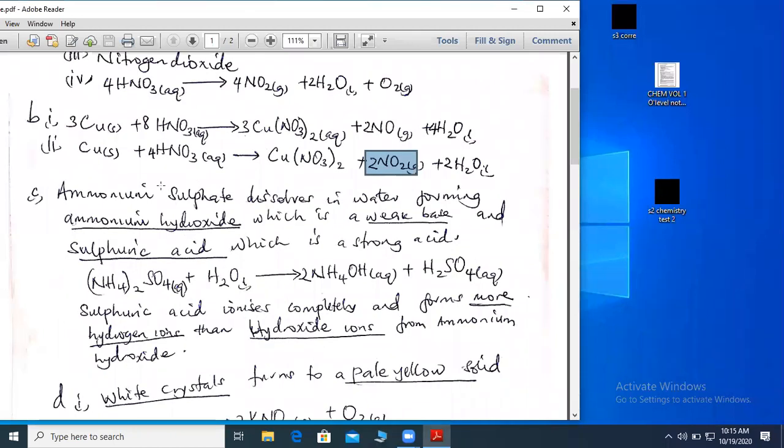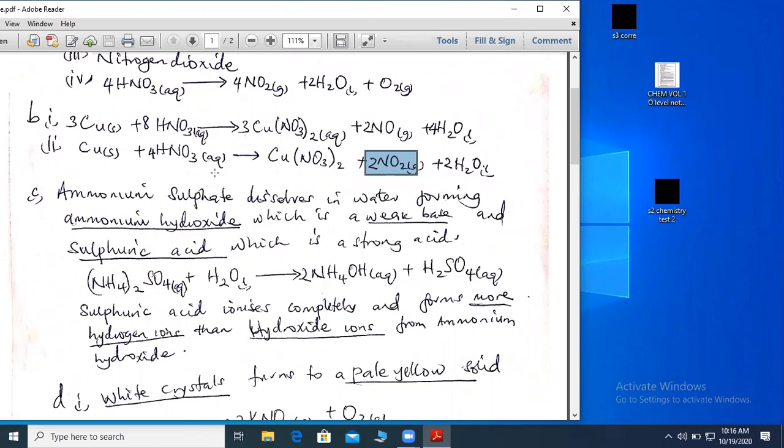Then there was a question, part C, asking you to explain why a solution of ammonium sulfate in water is acidic. I have told you many times that when a question says explain, please write some words explaining, and also write an equation if it is there.